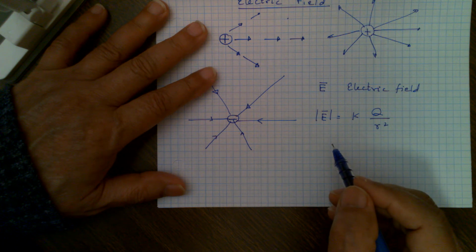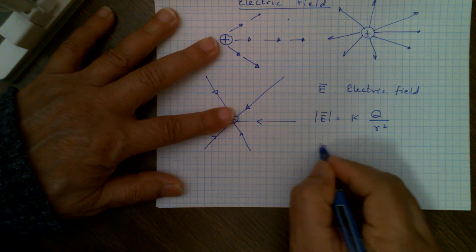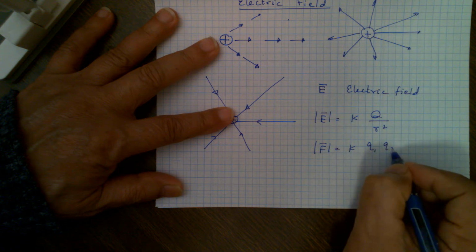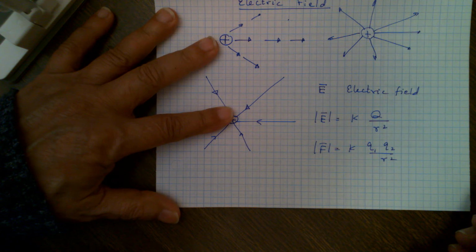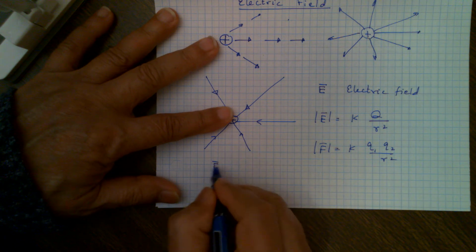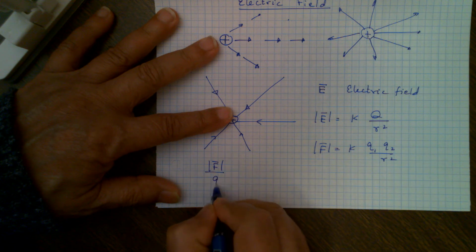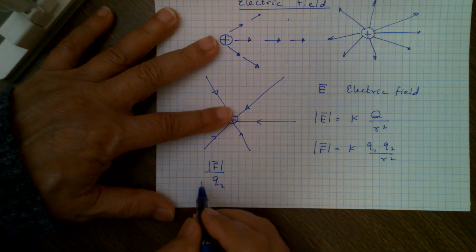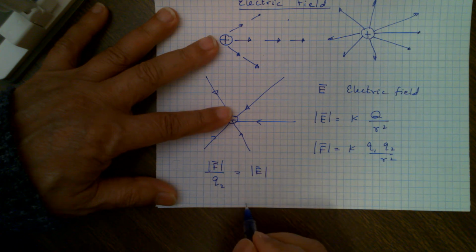Just like the force between two charges. Actually, electric force is k q1 q2 by r squared. Okay, so now just think about dividing this magnitude of force F by q2. That means it is force per unit charge, right? And we can say that electric field is actually force per unit charge.